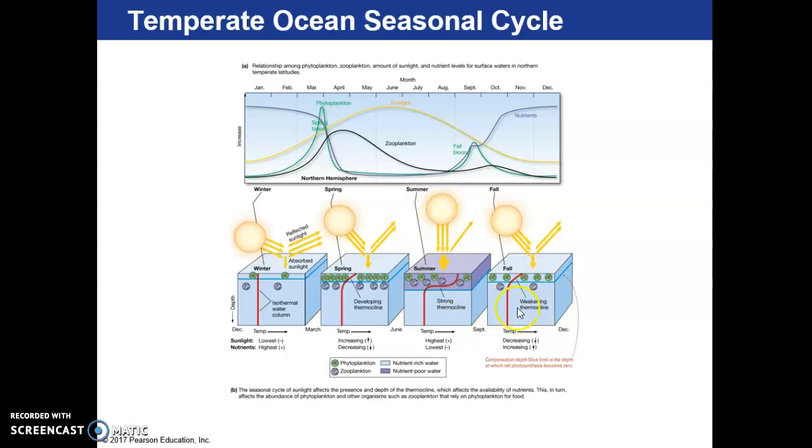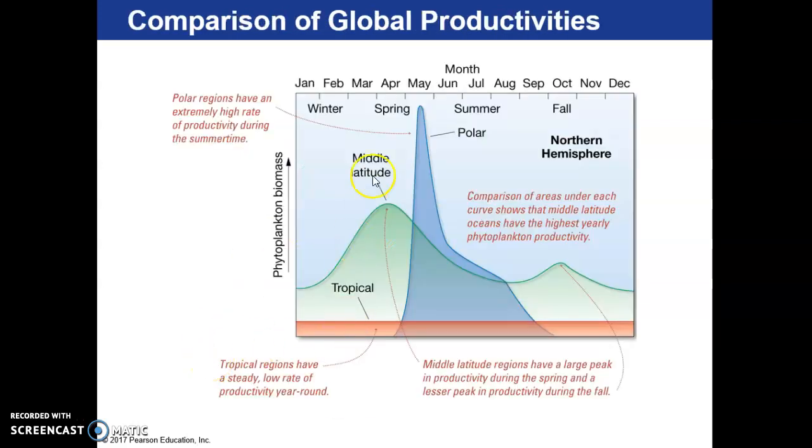And then that thermocline weakens again in the fall, and we've got decent sunlight still, so we can increase our productivity there. And here's what that looks like on the graph that we looked at from the polar region too. So you have your spike in the spring, and then just a smaller spike in the fall. And that's it for that.